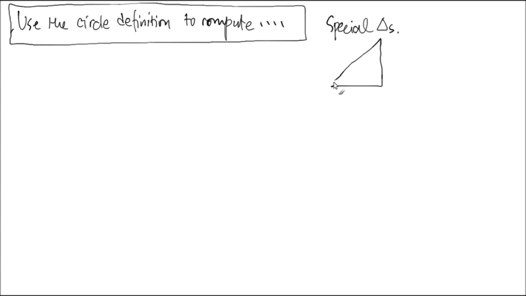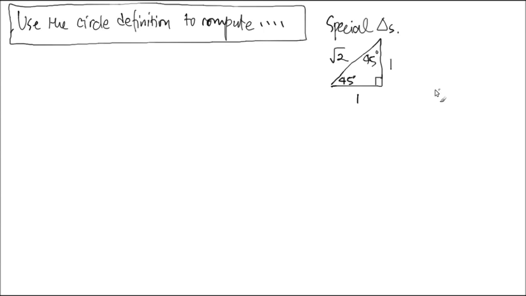That's isosceles, right? 45 degrees, 45 degrees, and 90 degrees. What are the side lengths here? The shortest one is always what number? The simplest number, 1. So the shortest sides are 1 and 1, right? Remember the other side? Square root of 2, by the Pythagorean theorem. That was the first special triangle.